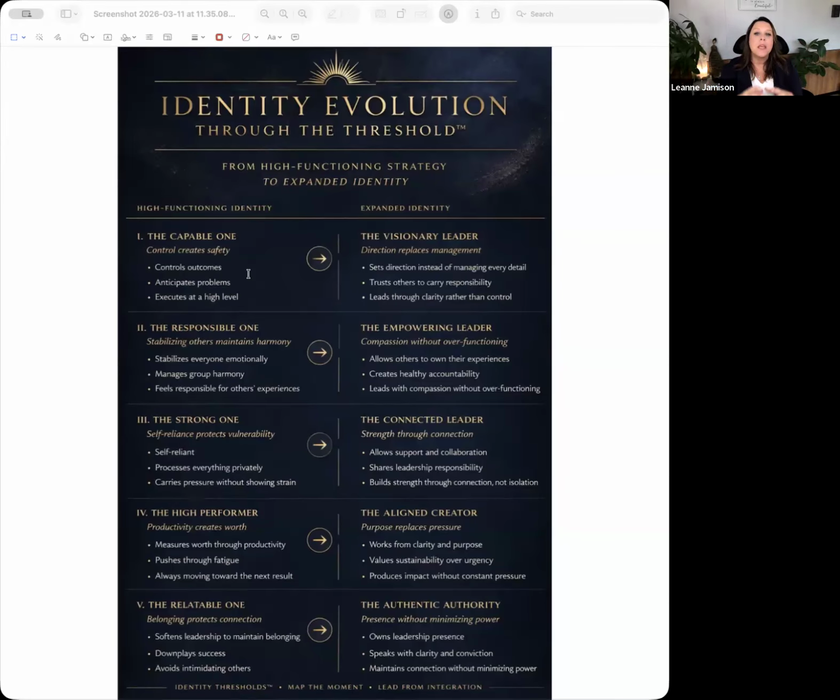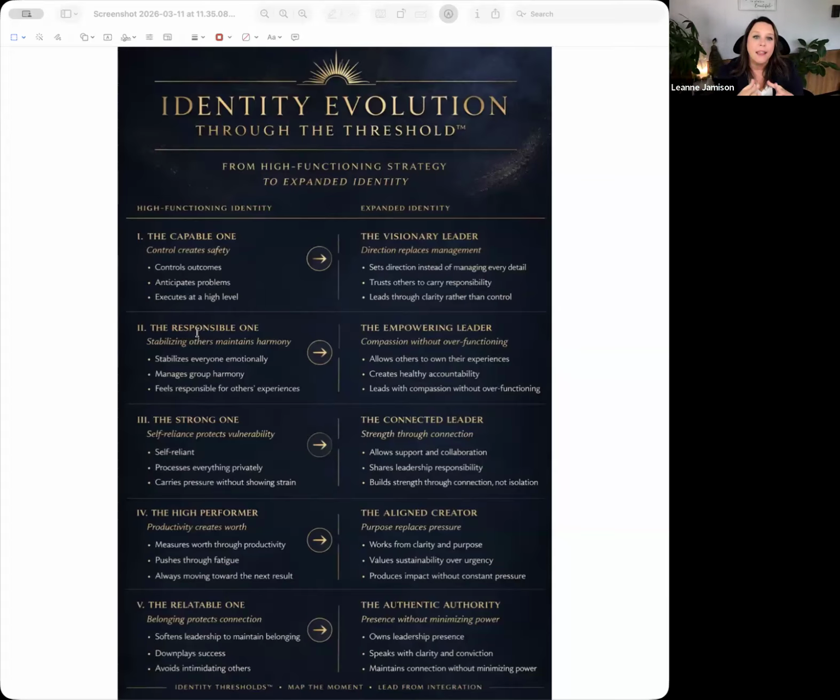When your leadership is expressed primarily through what you personally produce, the organization or the business or the team can only grow as large as your personal bandwidth, and you become the bottleneck, right, of your own expansion.